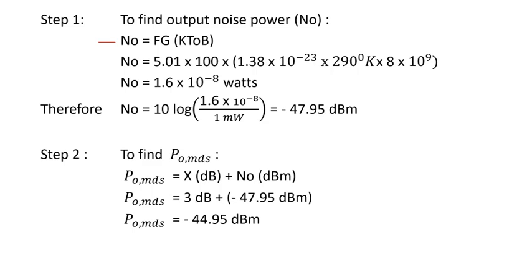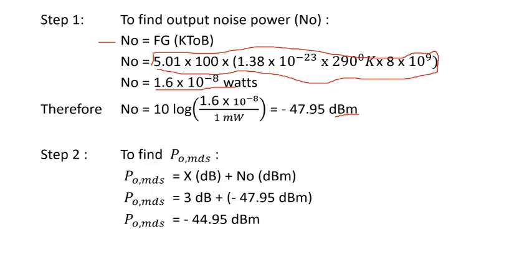Ni is the input noise which is given by KT0B. If you substitute all the values given in the question, you will get NO equal to 1.6 into 10 raised to minus 8 watts. Now to convert that into dBm, you have to take 10 log of the scalar value of the noise divided by 1 milliwatt to get your power in dBm.